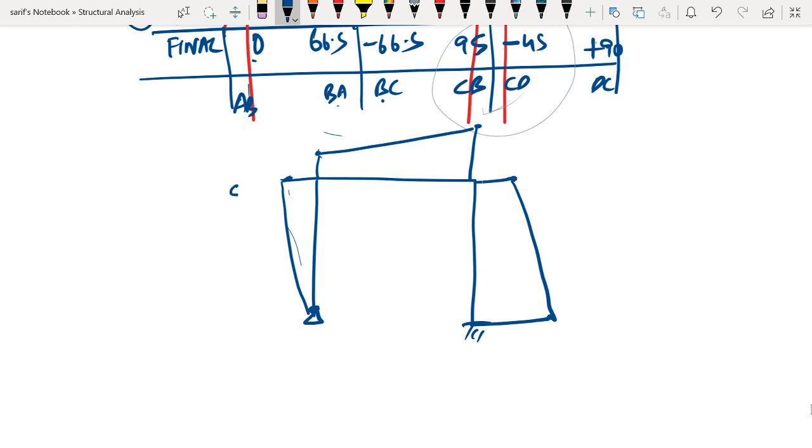So this is 66.5, 66.5, 95, this is 45 and this is 90. We can superimpose.